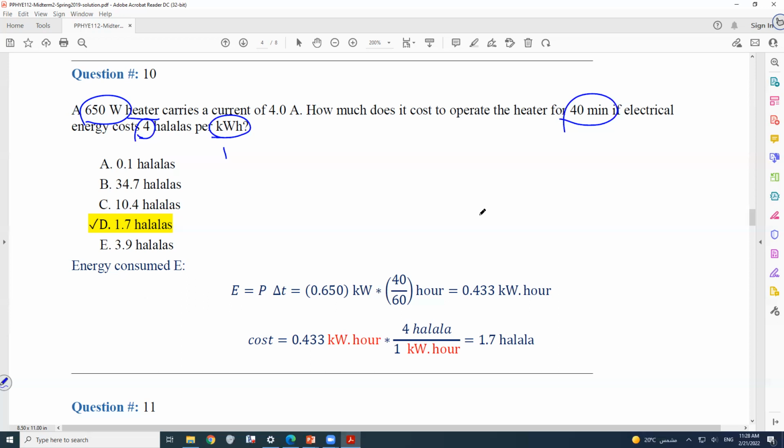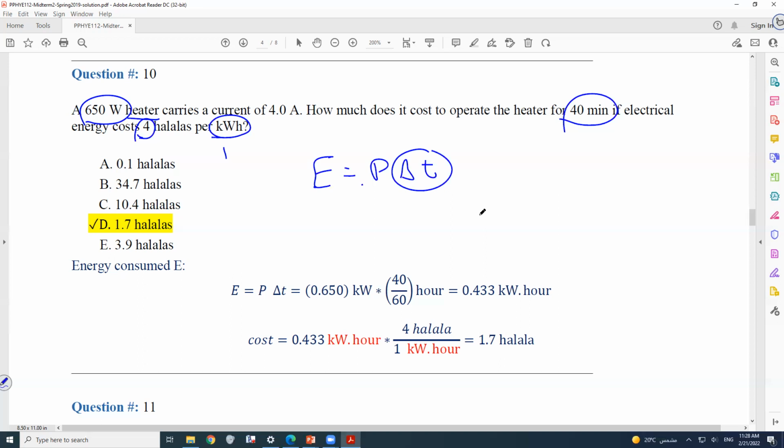Okay, now, so that means, first of all, I have to find how many kilowatt hours you will use in 40 minutes. The energy is power multiplied by time, because power is energy divided by time. So energy is power multiplied by time. So let's find how much energy he uses in 40 minutes.